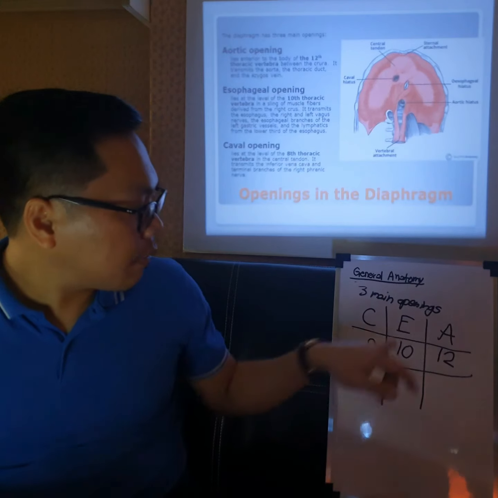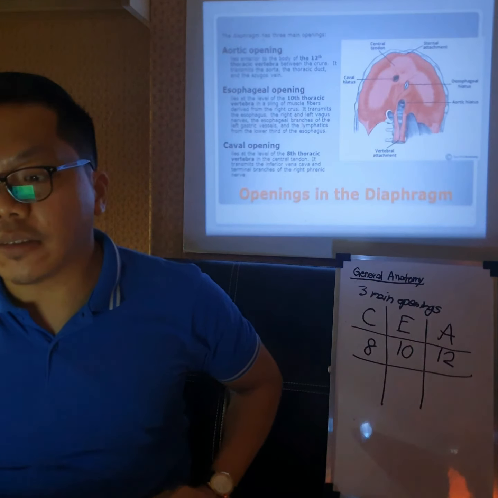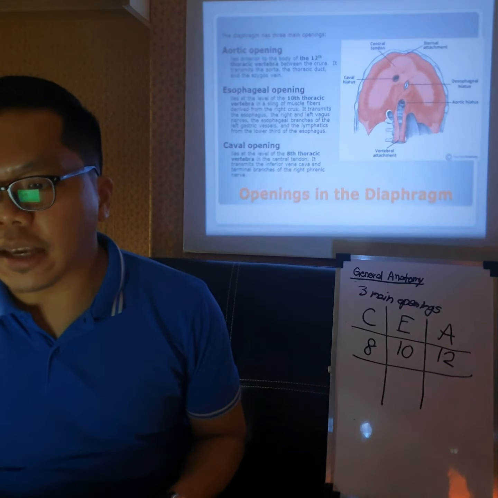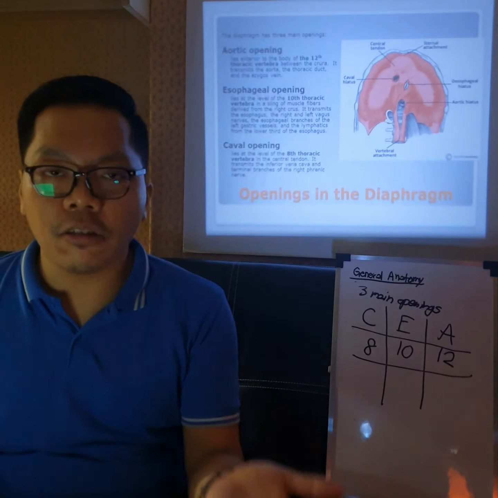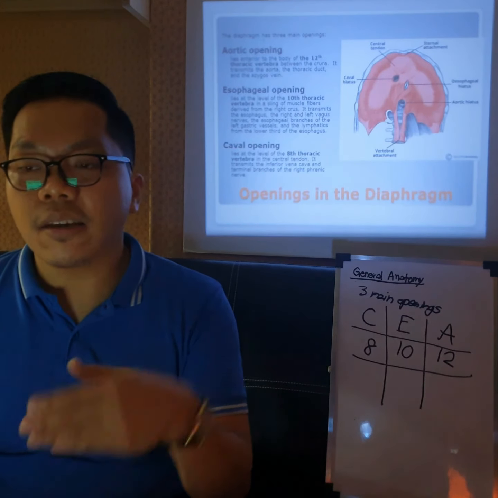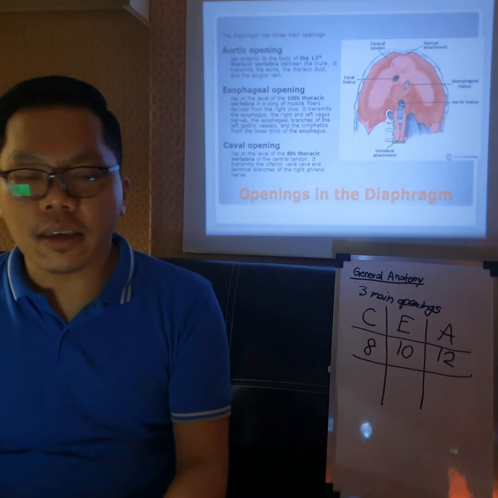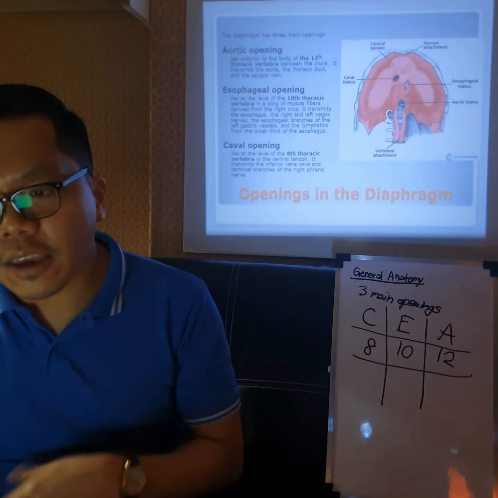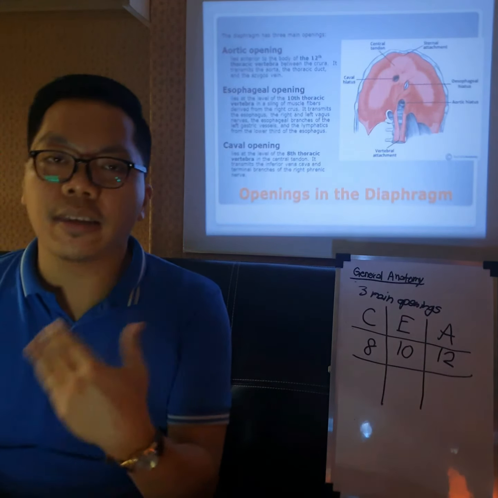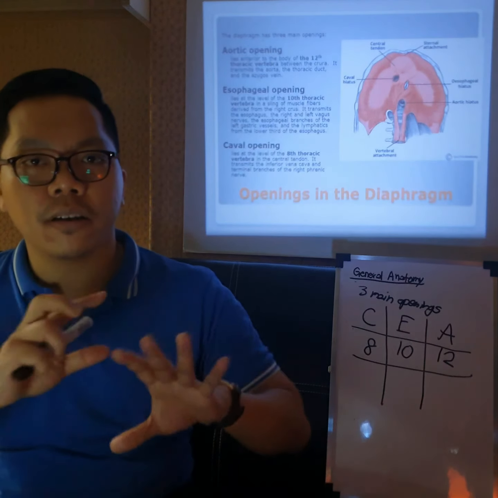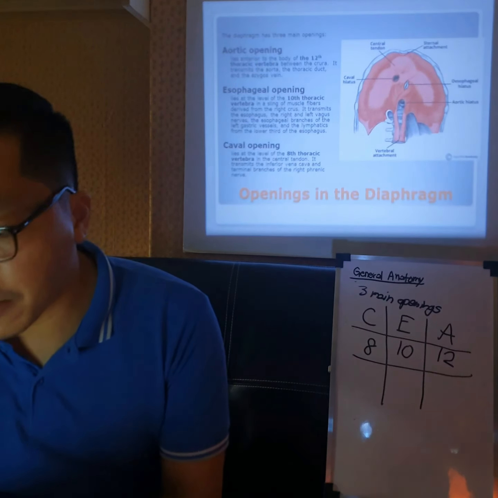Then, E stands for the what? The esophageal opening. And very obvious naman, anong dumadaan sa kanya? The esophagus. And for the last one, the A is aortic opening. Anong dumadaan sa kanya? Aorta. Di ba? Very self-explanatory naman siya.